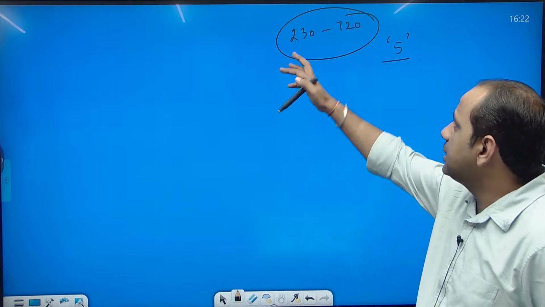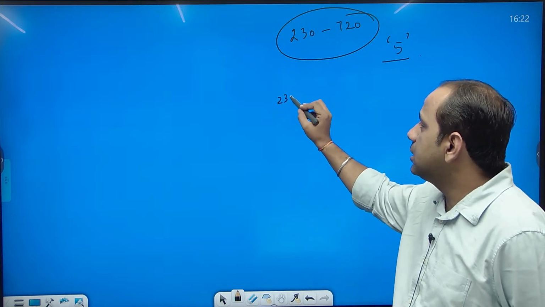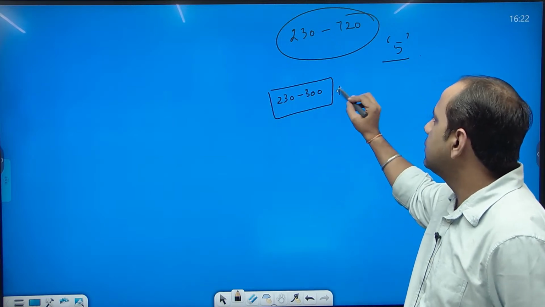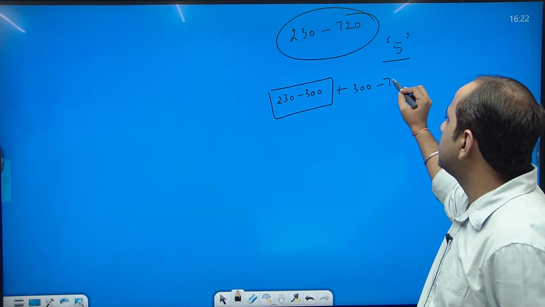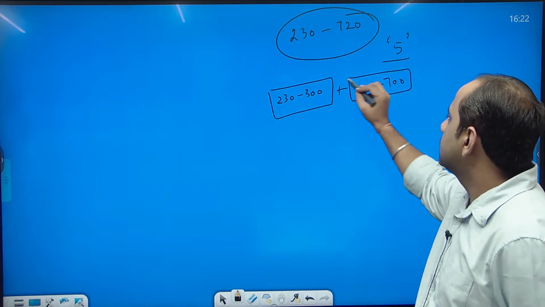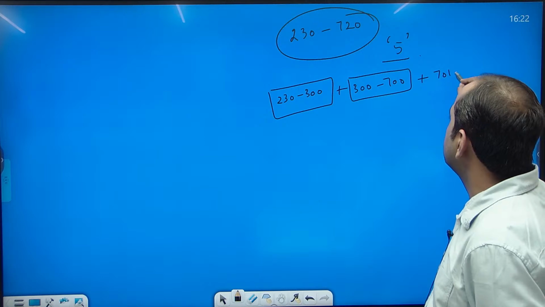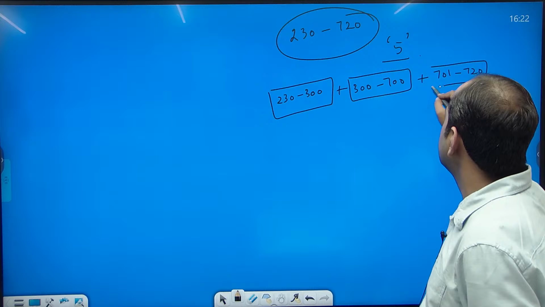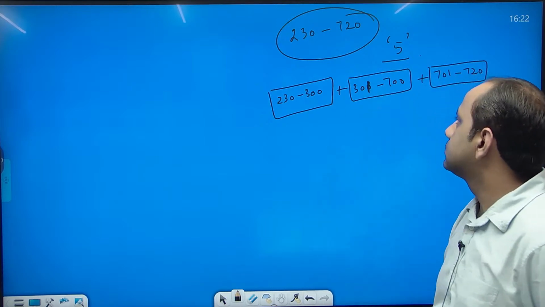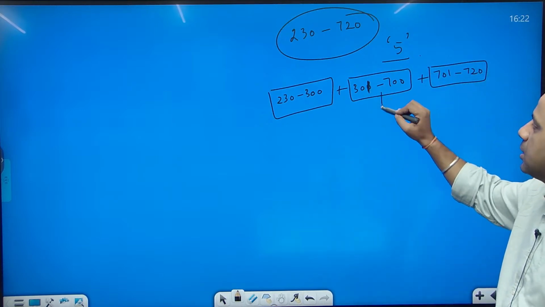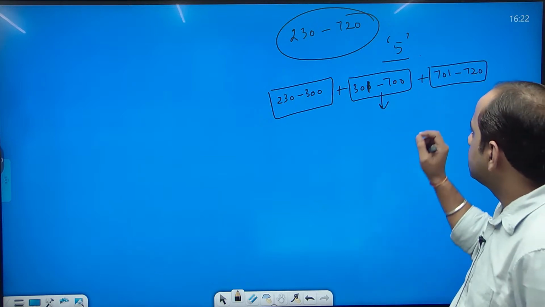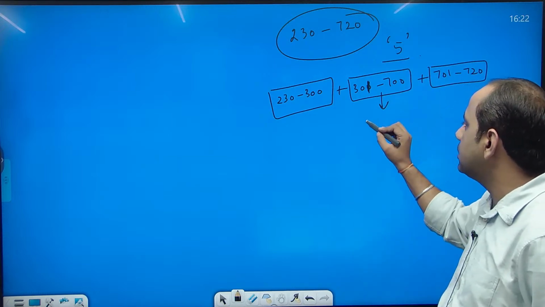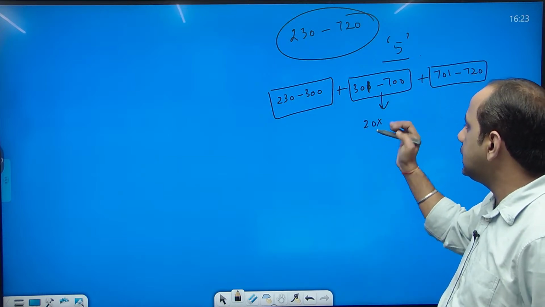Now see, you can again split these numbers: from 230 to 300, this is the first type. Then from 300 to 700. Then from 701 to 720. Is it okay? So from 300 to 700, if I think over unit place and tens place, we know that 5 is coming 20 times in each 100.